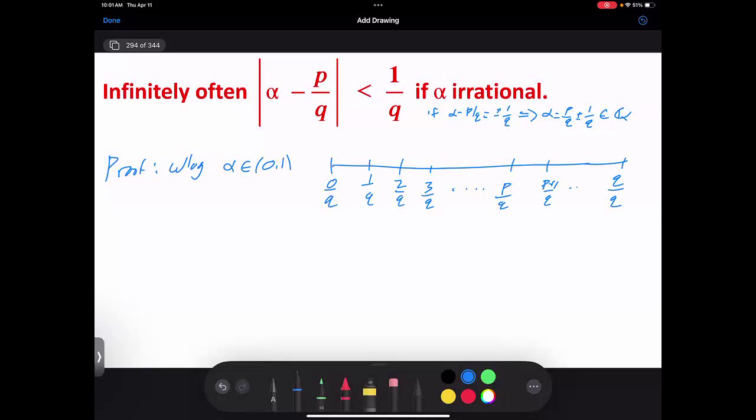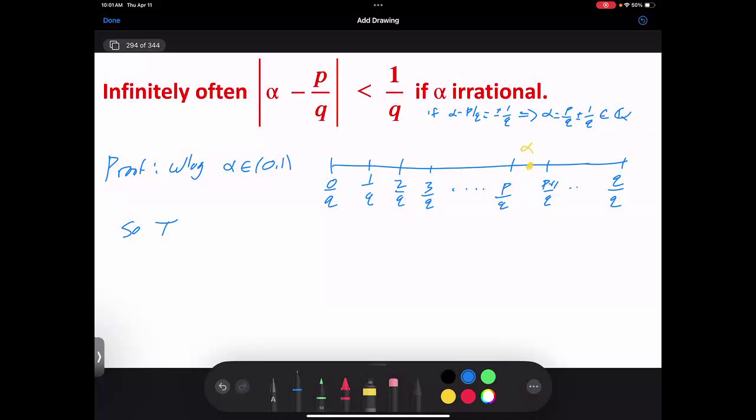And I claim that there has to be some p such that alpha lands in one of these intervals, because I'm moving by steps of 1/q. Alpha has to live in one of these intervals. So without loss of generality, it's in this interval.